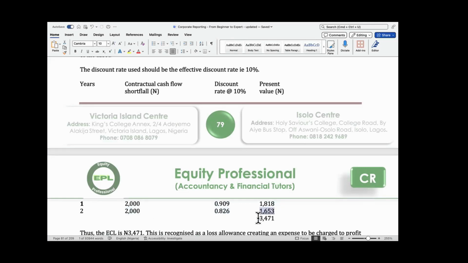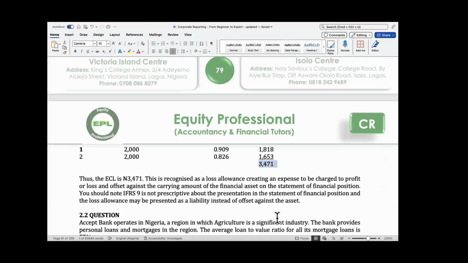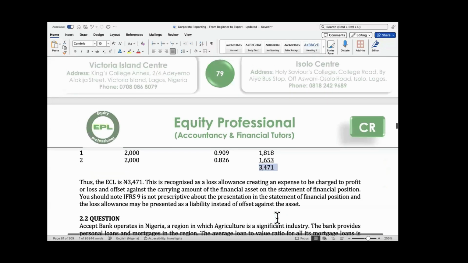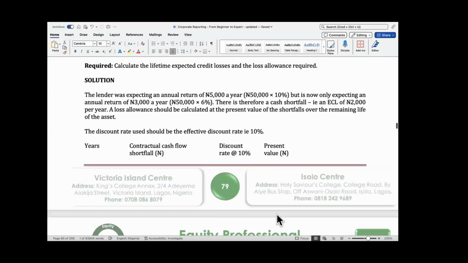By the time you add the two together, you have 3,471. And this 3,471 is my impairment loss. That's my ECL. So with this ECL, I debit P&L, I credit, I would offset it against my financial asset. And that's how you do it at the year end.